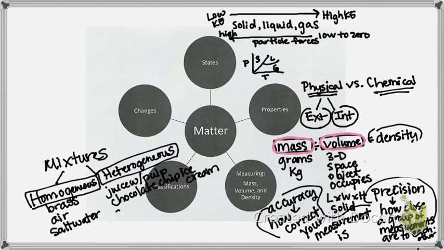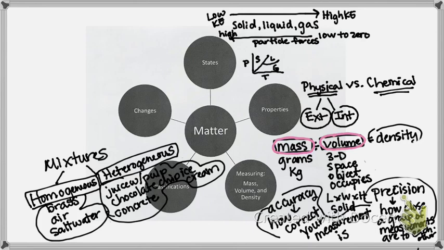Even concrete, and there were some people like, well, concrete, it all kind of looks the same. Yeah, but you can tell by its makeup and its texture that it is made up of more than one thing. It's going to be obvious that it's made up of more than one particle type.